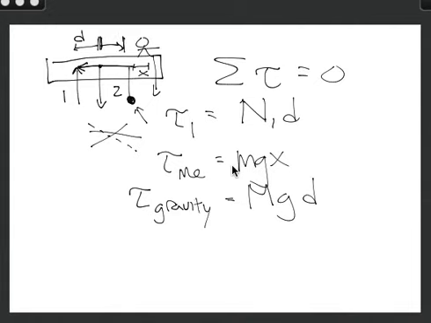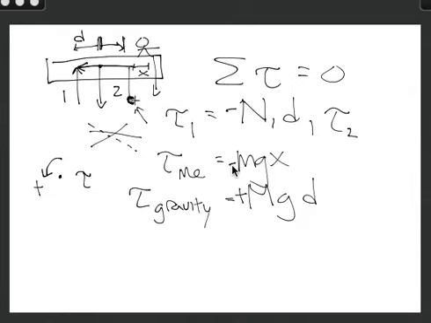So now we have to think about the signs, and if we choose that torque out of the board, which would give an angular acceleration this way, if we call that positive, then that means that the force of the one leg is negative, and then the force of gravity is positive on the table, and I am another force that's negative, or a torque that's negative. So what about tau 2?